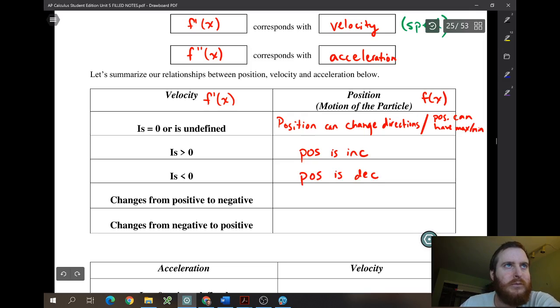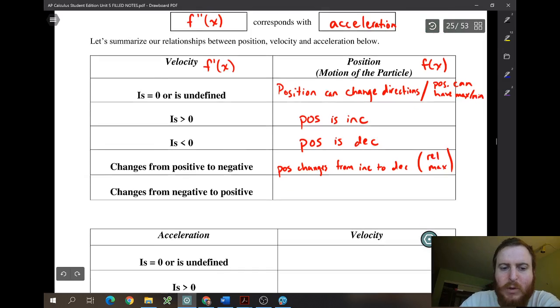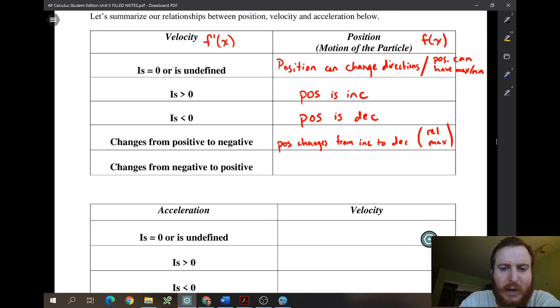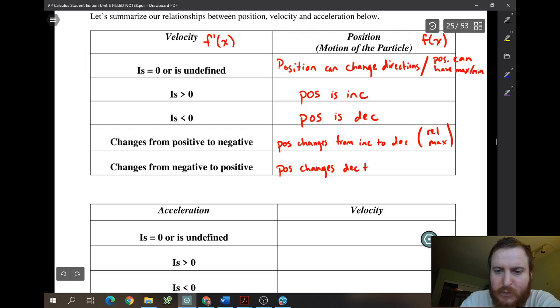Okay, and then when our velocity changes from positive to negative, that means our position changes from increasing to decreasing. And so this would be a relative max for our position. And when our velocity changes from negative to positive, that means that our position changes from decreasing to increasing, and that would match up with a relative minimum for our position.